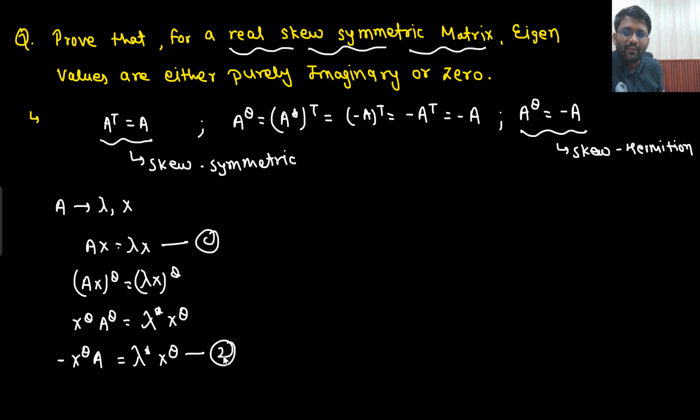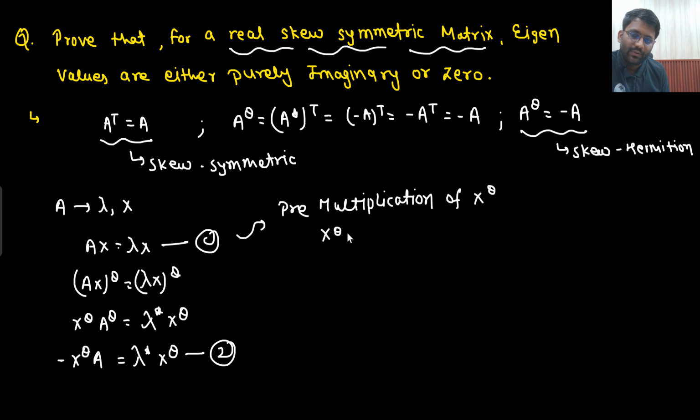Right? Now what will I do? I will do, in equation 1, pre-multiplication of x conjugate. So x conjugate Ax would be equal to lambda x conjugate x. Now what is this equivalent to? From here you can sense that x conjugate A is minus lambda conjugate x conjugate.